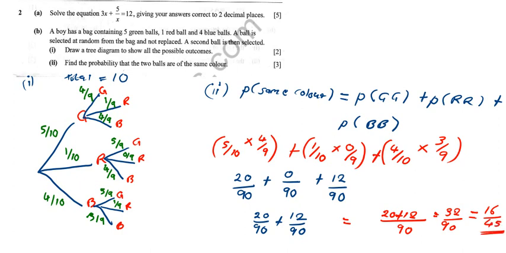In most cases, the values of the probability, we leave them in fractions. But if you have been given in decimal places, you leave them in decimal places. But if it's not specified, leave them in fractions. So that's our answer for this question.